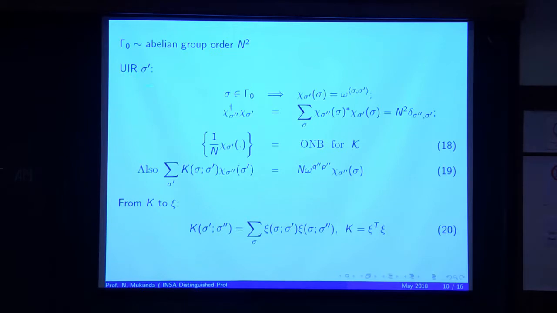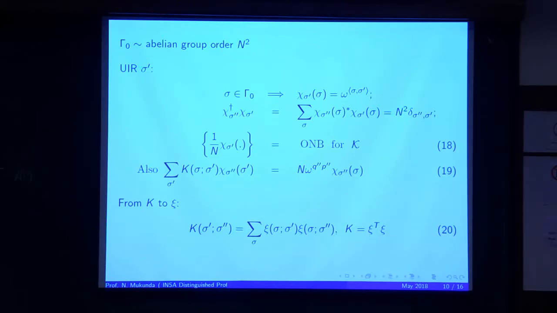They are called characters, and the representations themselves can be labeled by points of gamma 0. So for each point sigma prime in the classical discrete phase space, you have one irreducible representation of this group, and here it is. And they are orthogonal, there is a normalization factor, and so on.